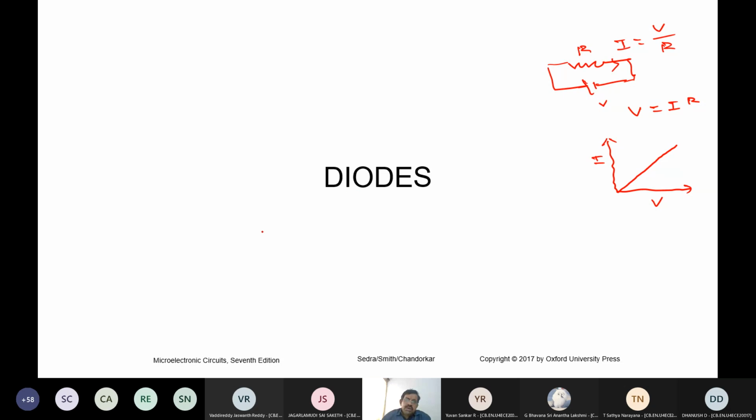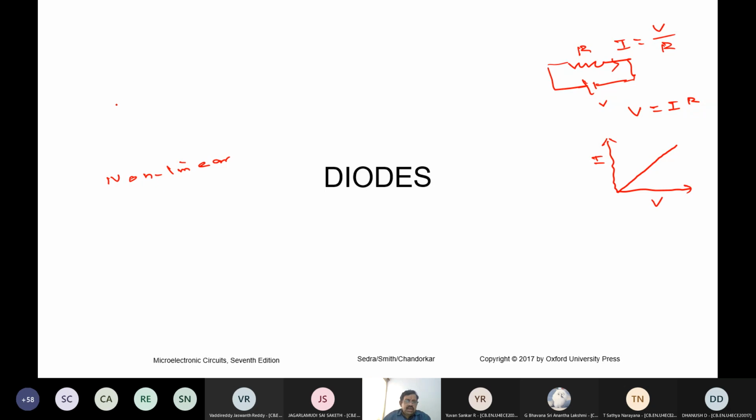Now, what I want you to understand here is, the diode is a non-linear element. So, where do I require this non-linear element?